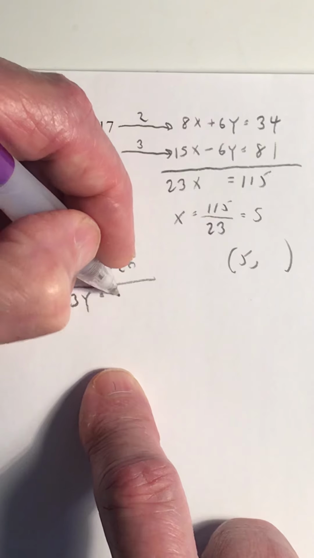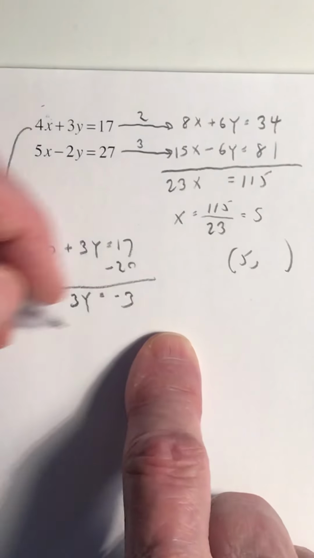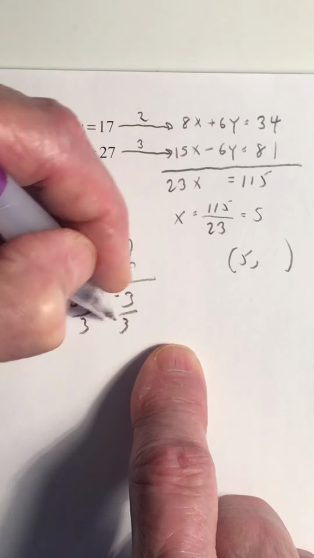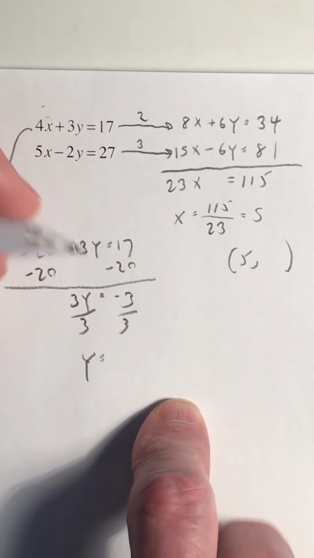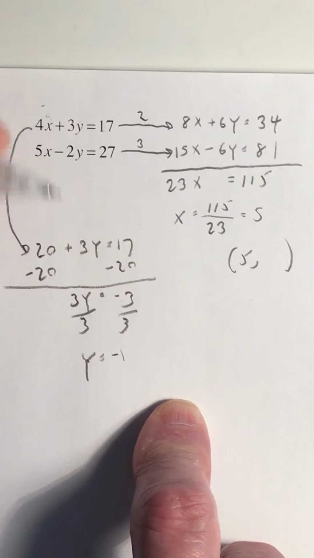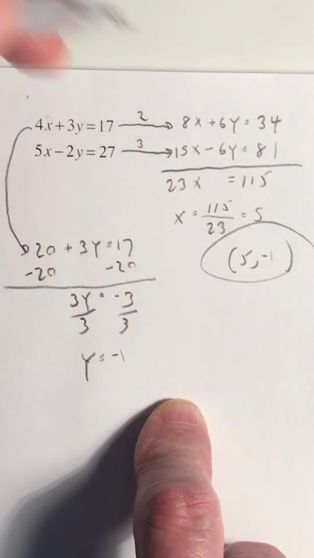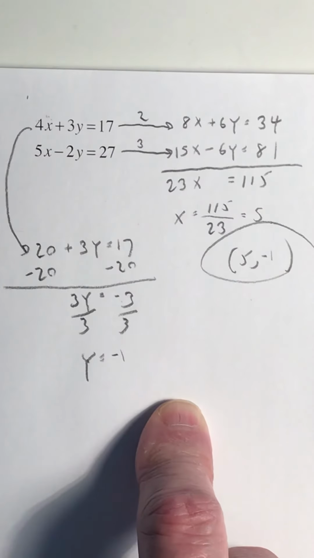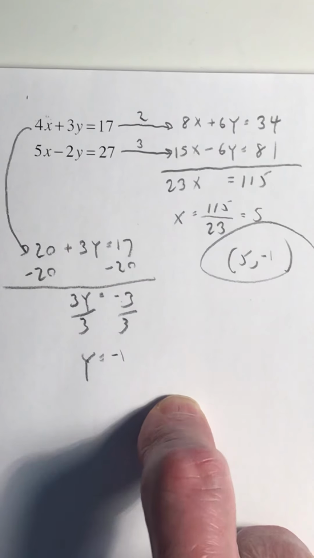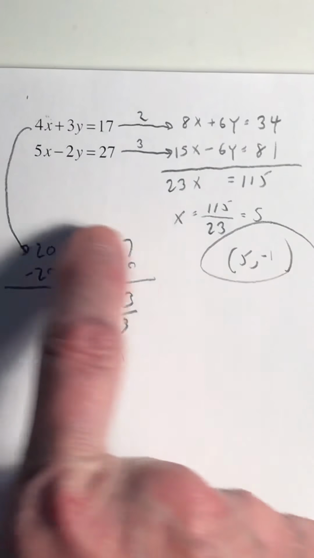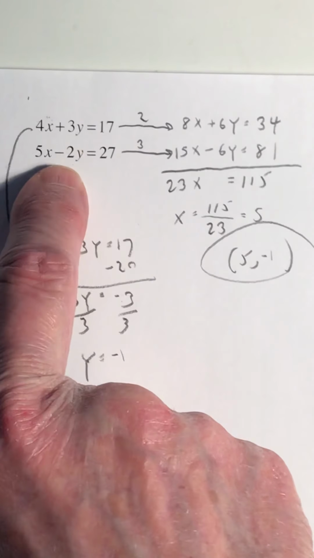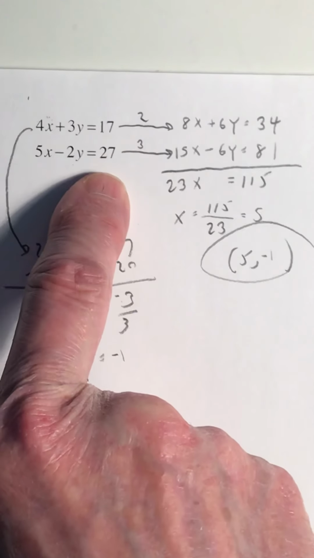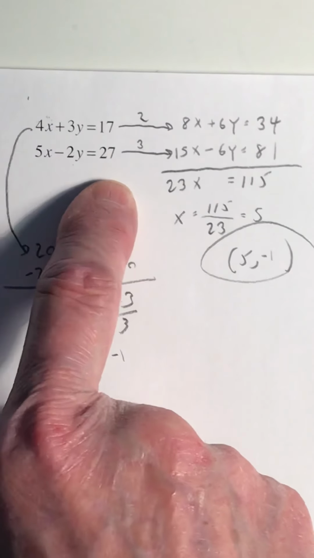I get negative 3 over here, and divide by 3. Negative 3 divided by positive 3, negative 1. So the y value is negative 1. Okay, and of course if you want to check this, plug in 5 for x and negative 1 for y in both equations, and they should come out with 17 and 27 on the other side.